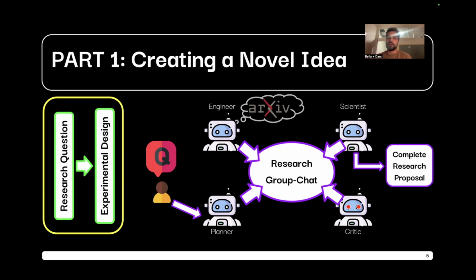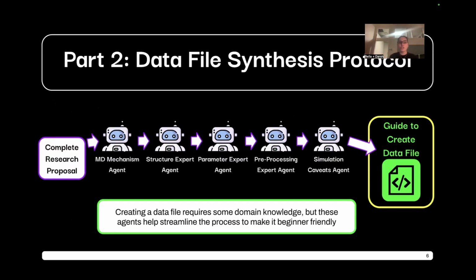And lastly, we have the critic, which polishes the research proposal. We can have multiple iterations of this, so it's refined. At the end, we have a research proposal that has the hypothesis, problem statement, and even things like the expected outcomes.